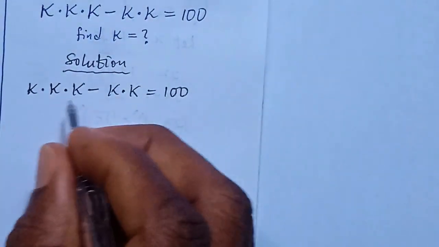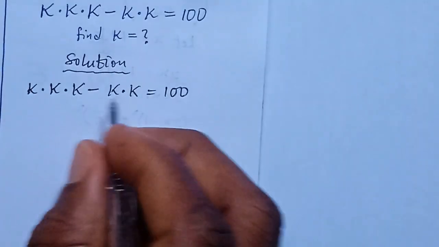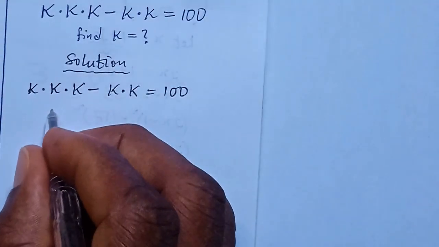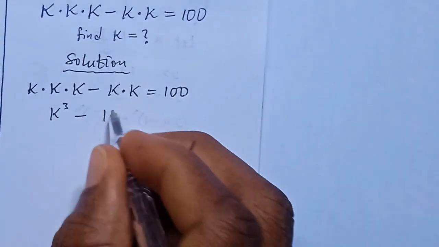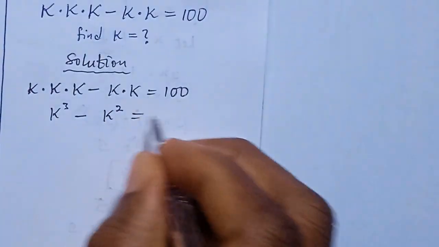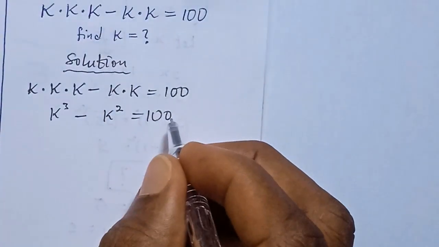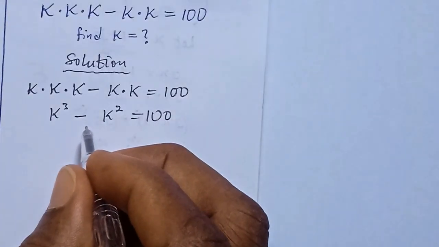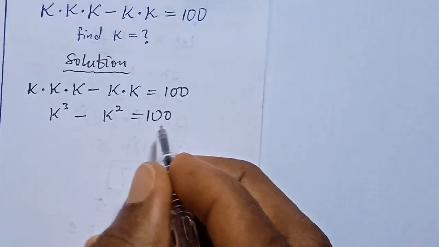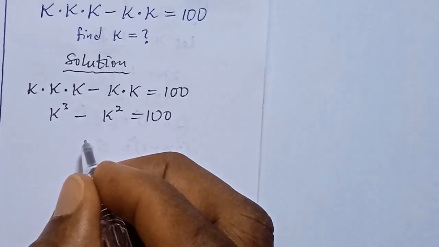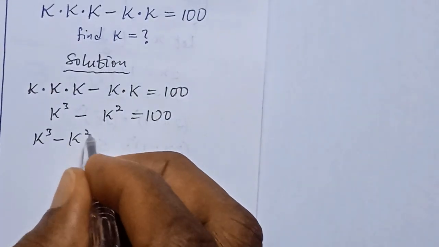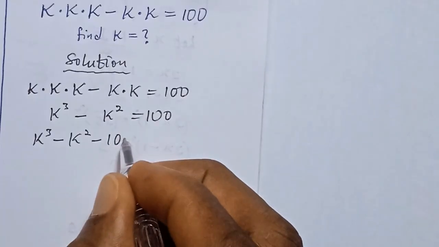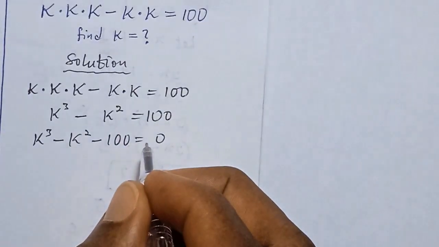So we multiply the term here together and the term here, and that gives us k cubed minus k squared equal to 100. Now from here, what we need to do is to bring the 100 to the left hand side. So we have k cubed minus k squared minus 100 equal to 0.